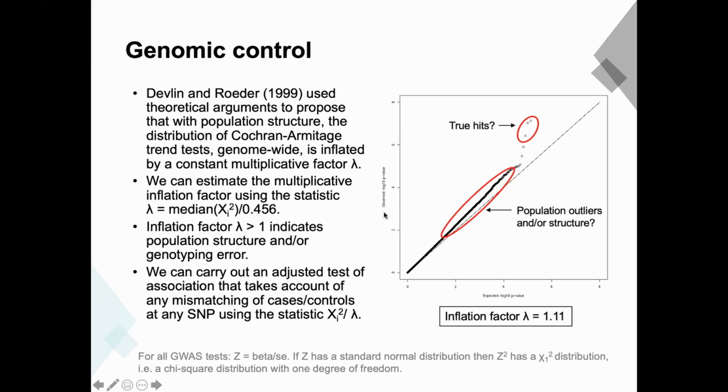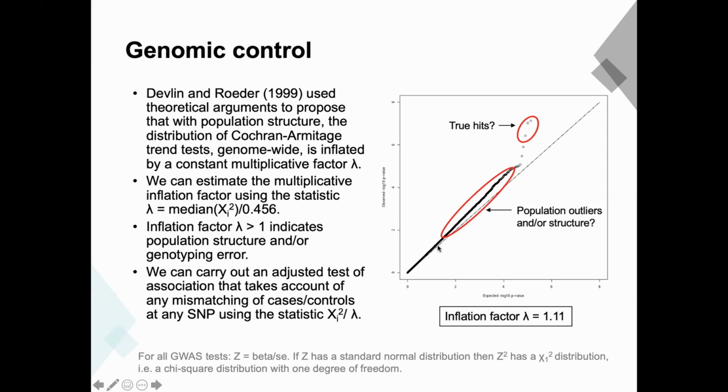And now we'll compare the observed p-values from our study to the expected ones, where the p-values are just totally random. And we would expect that most of the SNPs are actually not associated with a disease, and then in that case, they should align on this line.